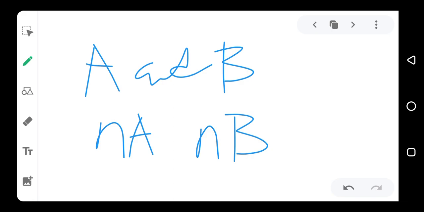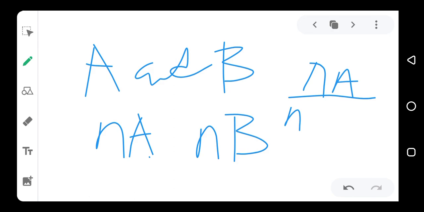What is the mole fraction? The mole fraction is the fraction of the moles of the gas over the total moles of the gases. So the mole fraction of gas A is Na over the total number of moles, Na plus Nb.